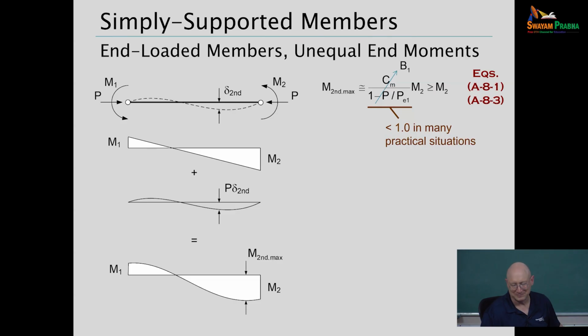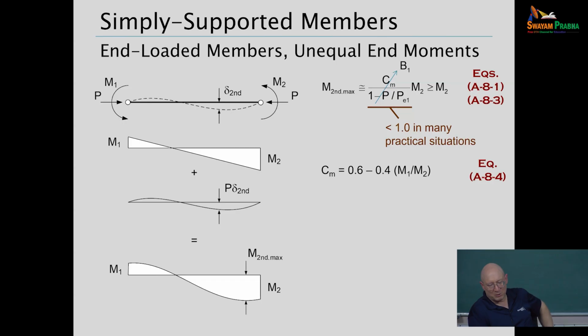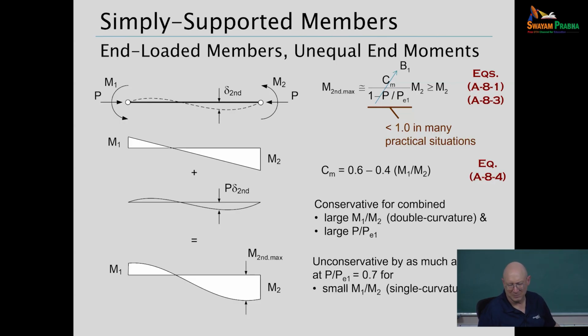And the C sub m in this case, so this does show up in some of the Indian code equations, in a more general context. In U.S. practice, we use this as a reasonably good approximation for this particular loading with ideal pinned end conditions.